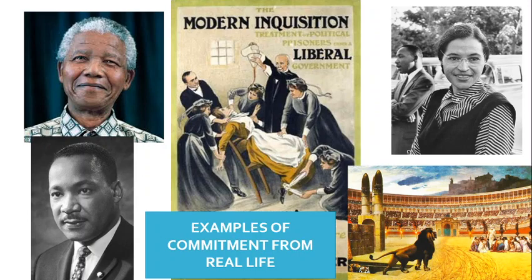Over here we've got Rosa Parks, who received death threats and various other things as a result of the action that she took to try and improve civil rights. And then there were early Christians who were fed to the lions. So all of those are examples of people who were in a minority, who were trying to change something, and they've, as a result, had great personal cost to themselves.